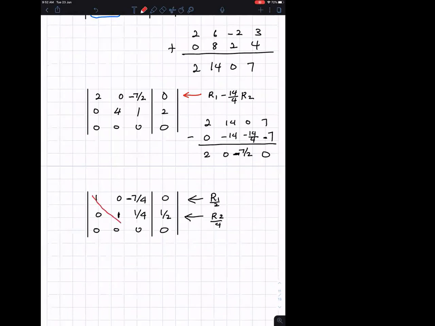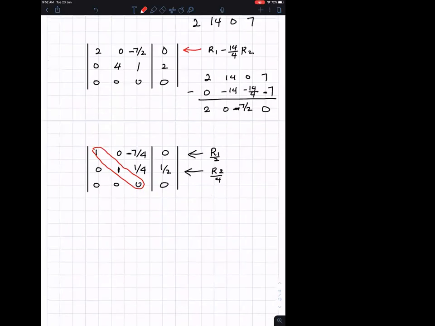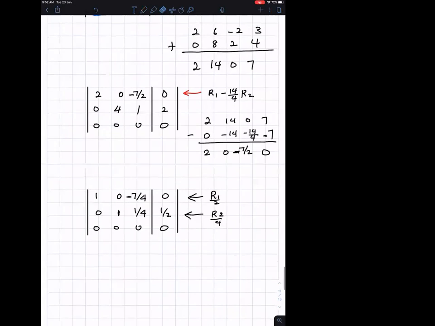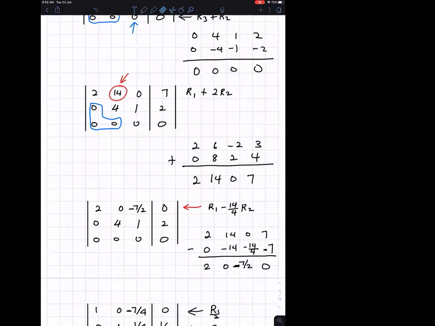So you managed to achieve 1 here, but except for the 0, you cannot do much about it. Yes, there's no minus sign over there, because 0 minus, minus 14 over 4, so minus minus will be positive, am I right?